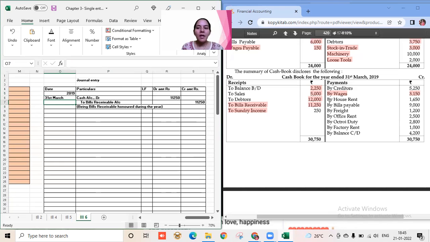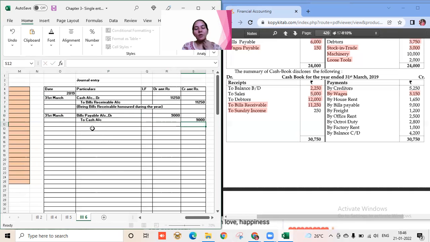And when we come to the cash book credit side, we paid this much of bills. So bills payable account debit to cash. Cash is going out. The second entry, same date. Bills payable account debit to cash account. How much we paid? 9,000 bills payable we honored.